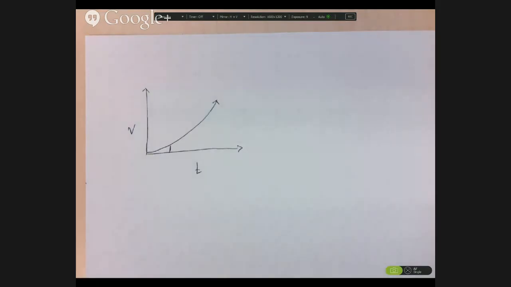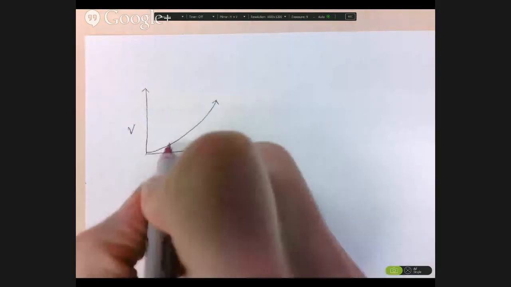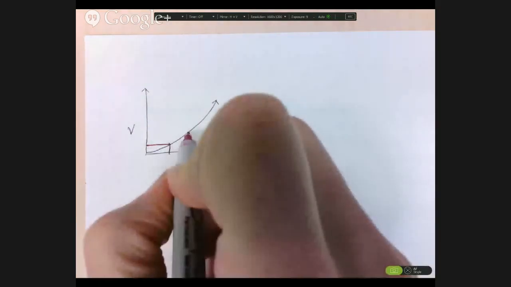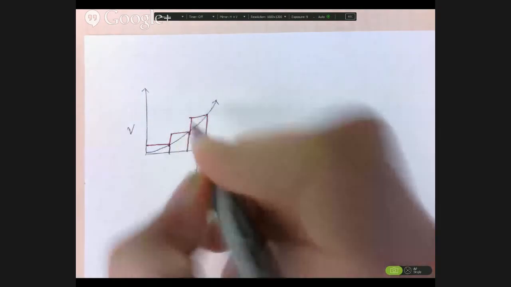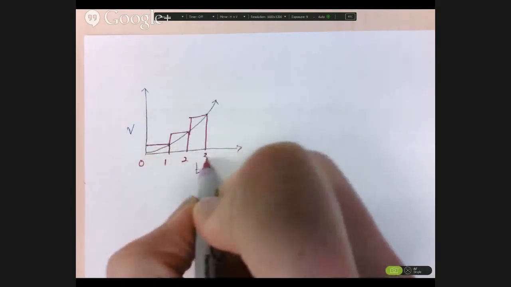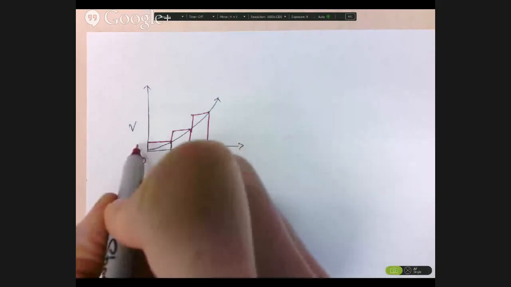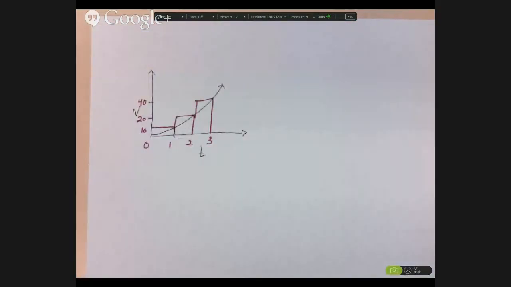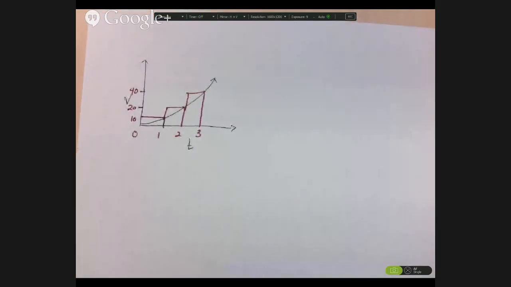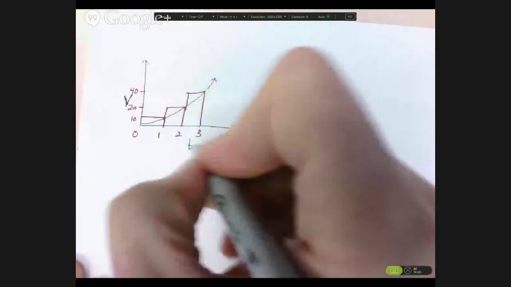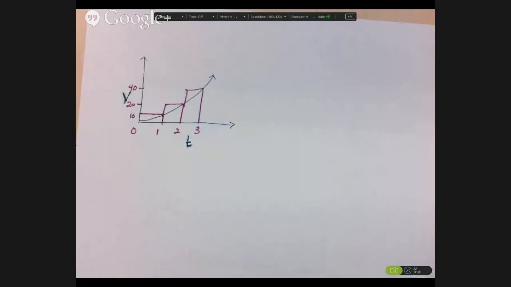Okay, so let's say that that's my velocity function. Okay, so I have a velocity function.